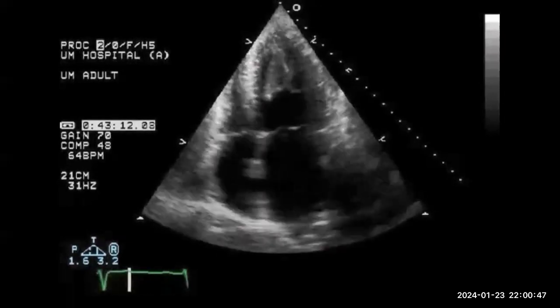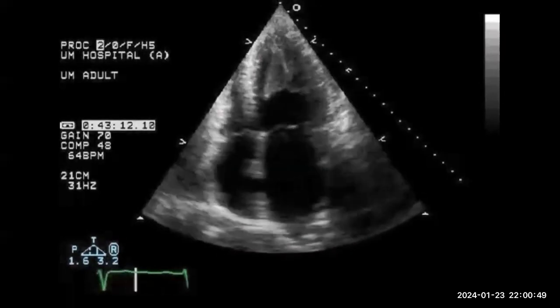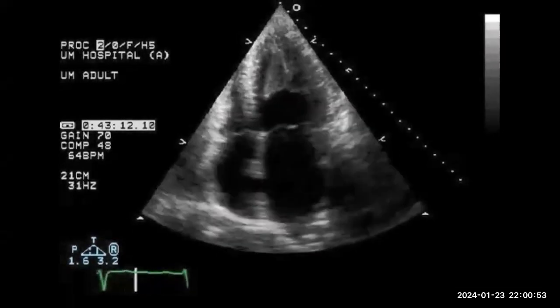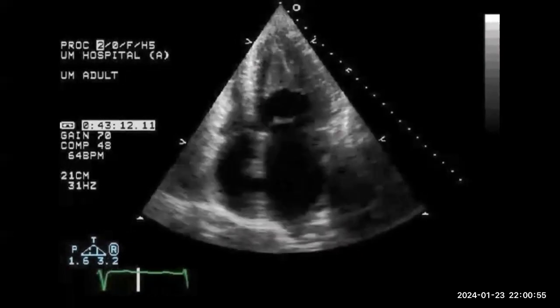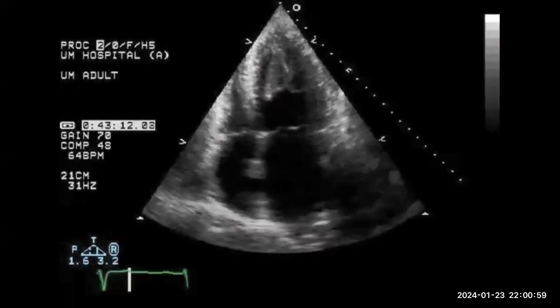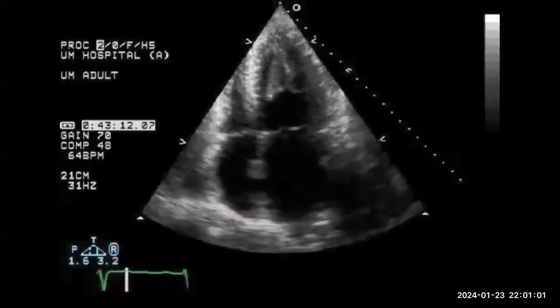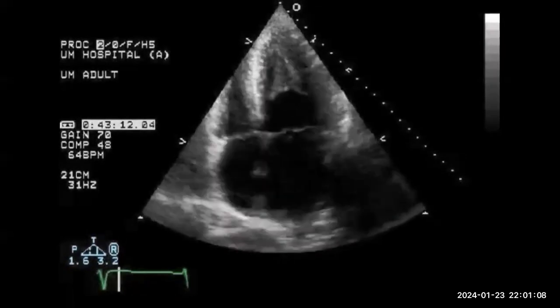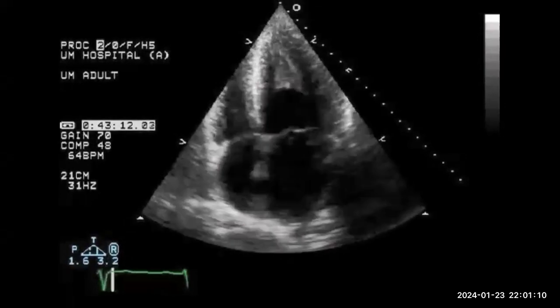So apical HOCM, non-compaction, LV clot, and hypereosinophilia, all of these can have it. But if he gives you more views favoring one of them, just stick to one of the diagnoses. But in the OSCE, if he asks you what's the differential, you give him these three. Okay? Well done, Fahd.